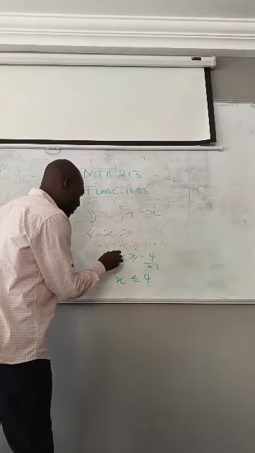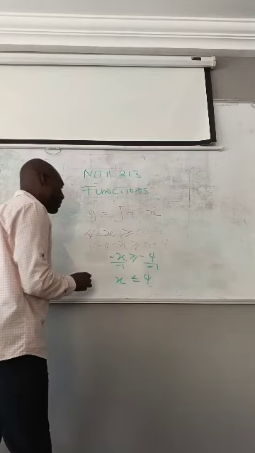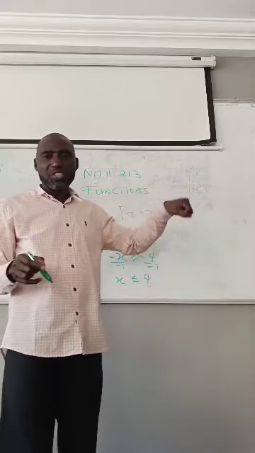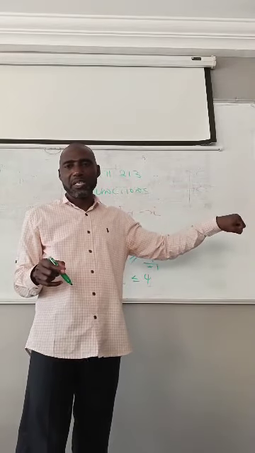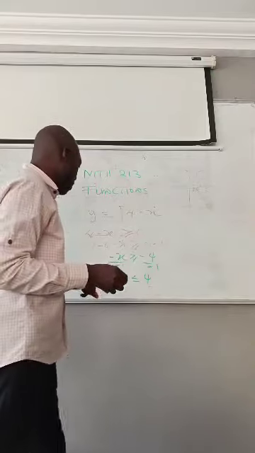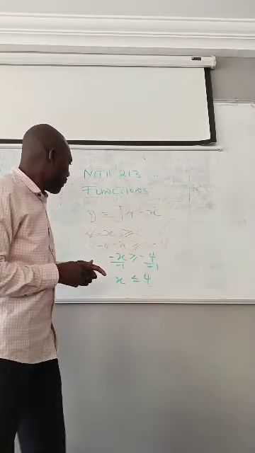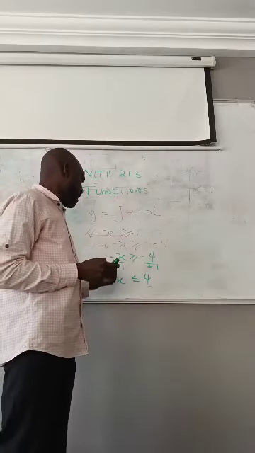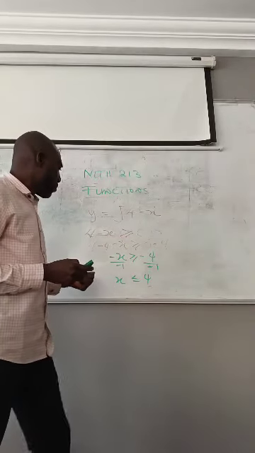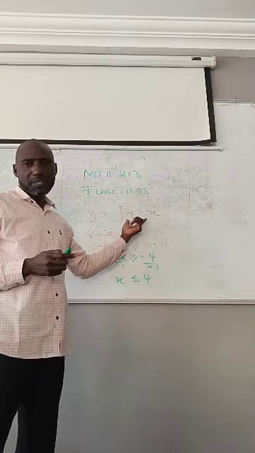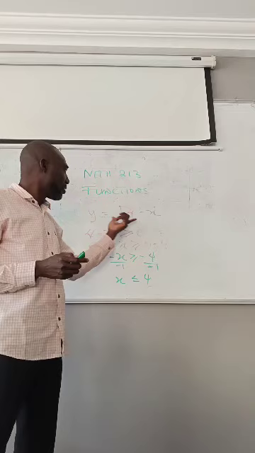Because the minus signs cancel, you have x, and the direction of the inequality changes because of the division by minus 1. So you have x less than or equal to 4. Therefore, all values of x less than or equal to 4 are in the domain of this function.